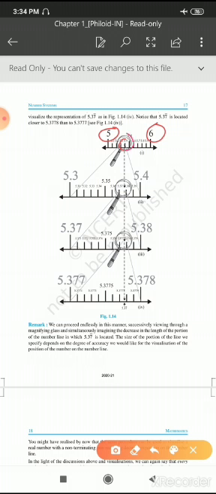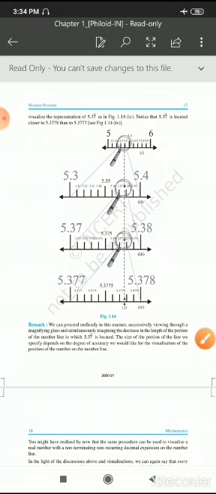So here it is 5.3. After that, 5.37 lies between 5.3 and 5.4. So separate the place between 5.3 and 5.4 and again divide it into 10 equal parts. There, where is 5.37? Here it is.